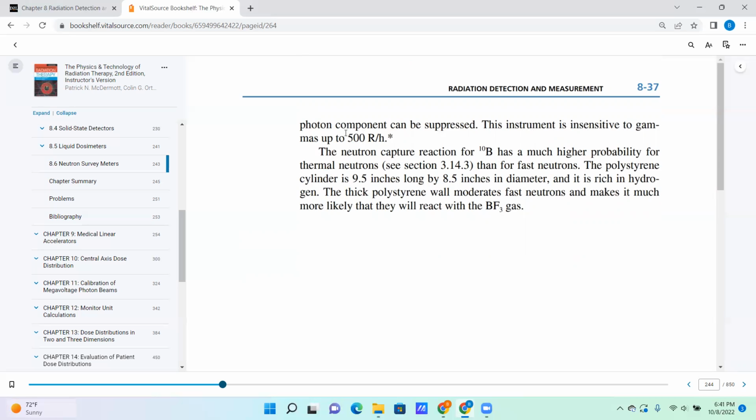This instrument is insensitive to gammas up to 500 R per hour. The neutron capture reaction for boron 10 has a much higher probability for thermal neutrons than for fast neutrons. And the polystyrene cylinder is 9.5 inches long by 8.5 inches in diameter and is rich in hydrogen. The thick polystyrene wall moderates fast neutrons and makes it more likely they will react with the gas.